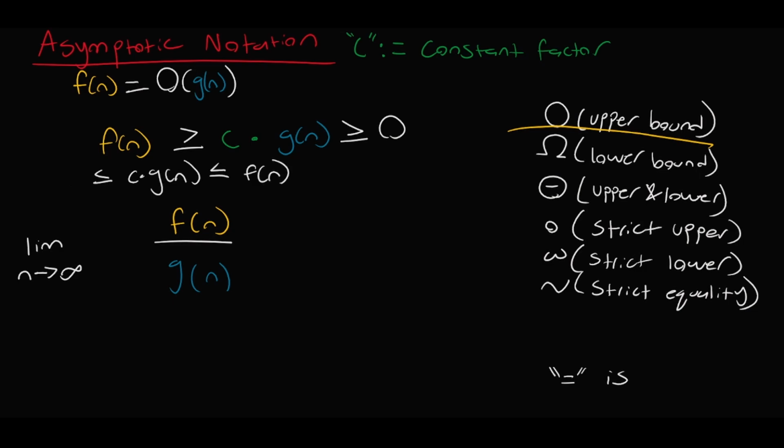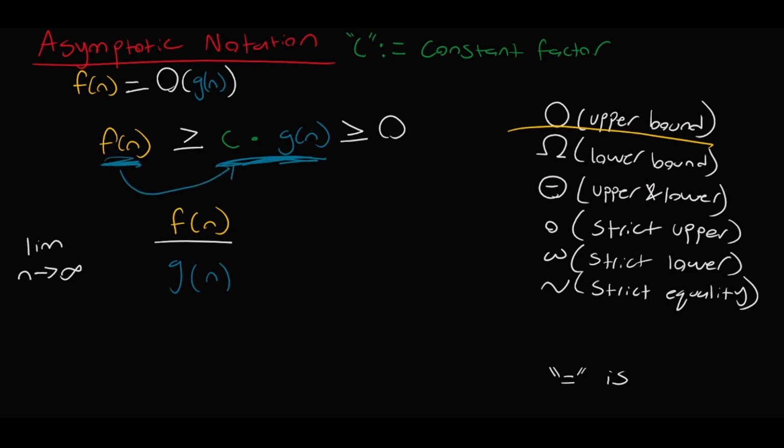So again, g of n is a lower bound. In this case, you can kind of say that f of n is some kind of upper bound to g, but in this notation we're really trying to say that g of n is a lower bound of f of n, so that g of n, within a constant factor, our model function, is lower than f of n.